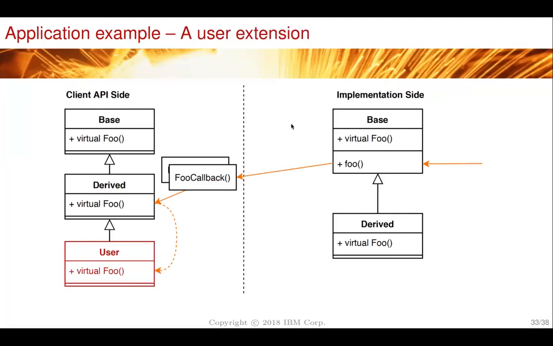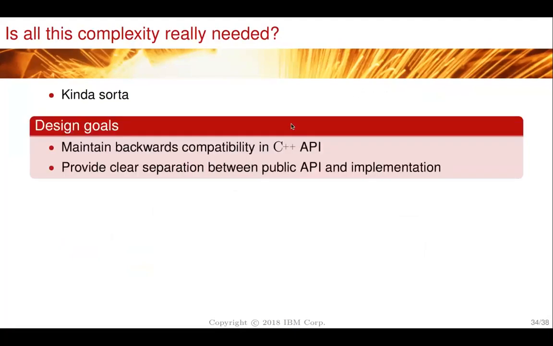Now, I'm sure I know what you're thinking at this point. Do we really need all of this complexity just to call a function? Well, yes and no. To explain what I mean, I'm going to bring back two of the very important design goals I had several slides ago.